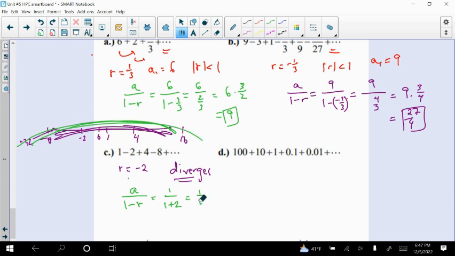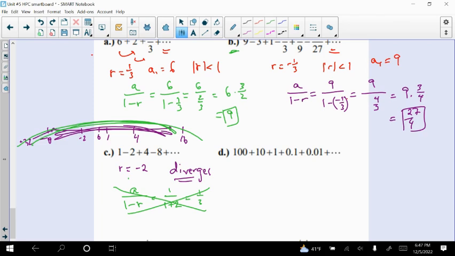So having it balance at 1/3 makes no sense whatsoever. If you just write not possible, I would definitely accept that. But I want to show the difference between all the terms being positive and getting really large, or alternating back and forth. Now, you can definitely have an alternating sequence like part B, right? That was fine because the ratio was less than 1.